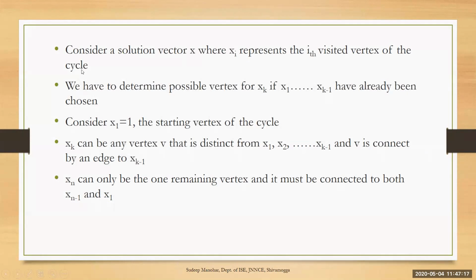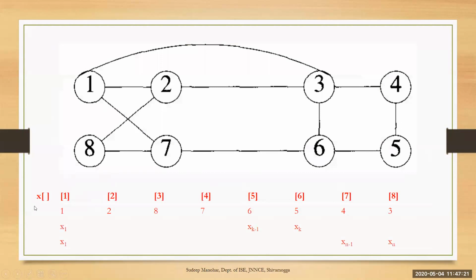For example, if you look at the same diagram, this is x. It's an x vector, so it has values from x1 till xn. N is the number of vertices. There are totally 8 vertices in this graph, therefore it is from x1 till xn, or x8 in this example.